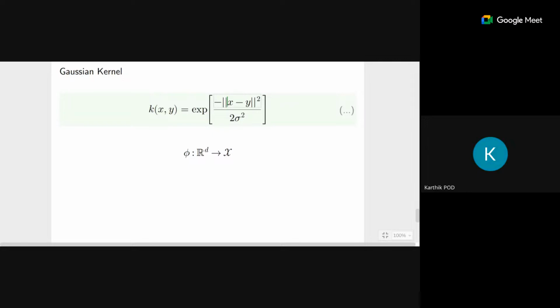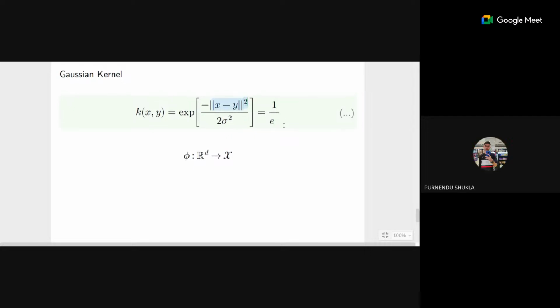And when x is very far away from y, it will go near 0, because this is 1 by e power something large. So that makes sense.